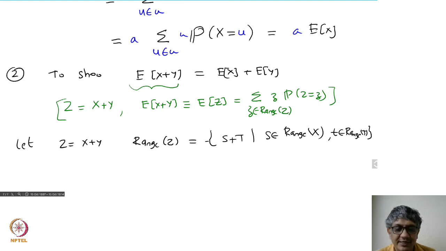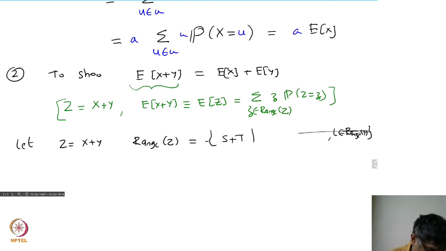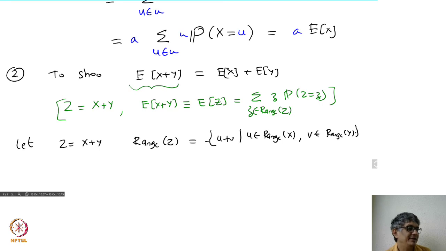The range just splits up as a sum. Maybe instead of s and t, let me use u and v, because I'm using sample space as s. Let me say u plus v, such that u is in the range of x and v is in the range of y. That's how any element in the range of z looks like.